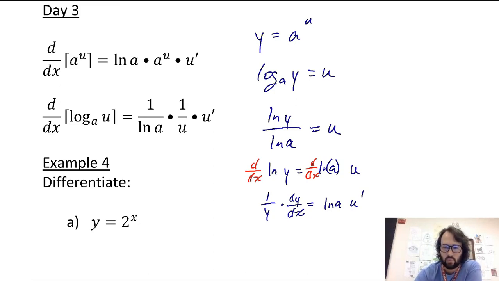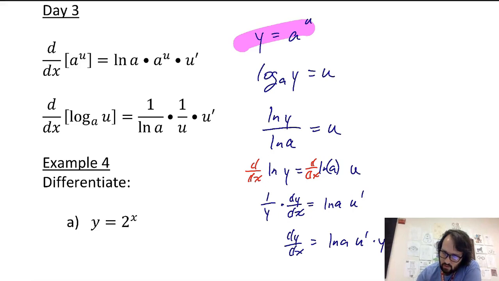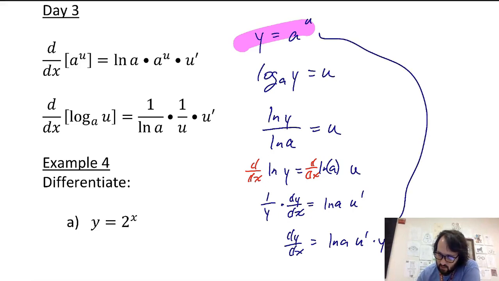So that's how I'm getting to that u prime. Then if I multiply the y over, then dy dx equals ln of a u prime times y, and y, as we stated, is a to the u. So I'm going to make that substitution, getting ln of a times a to the u times u prime. That is how that one comes about.